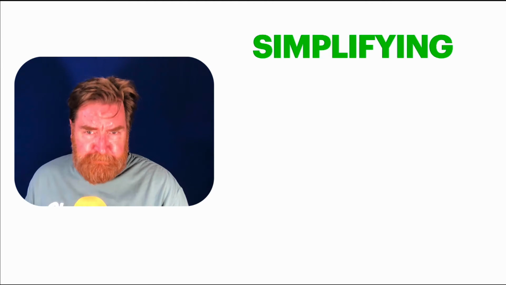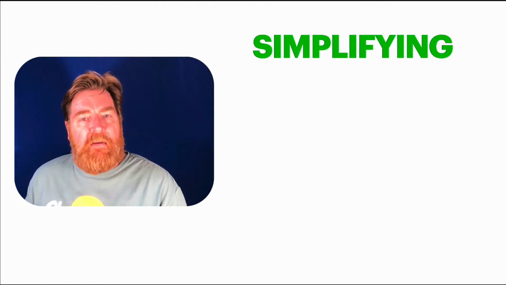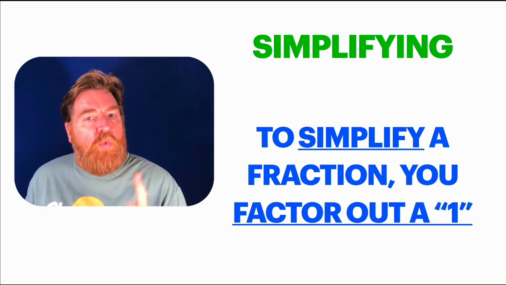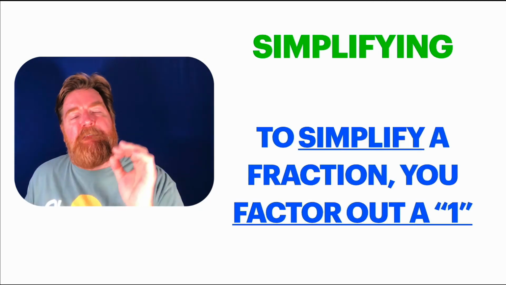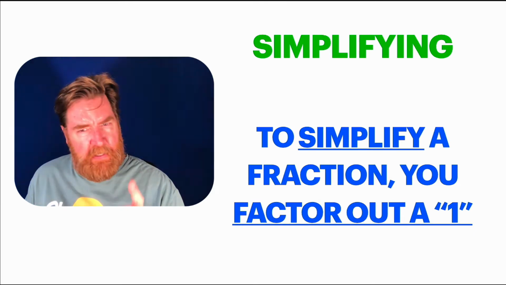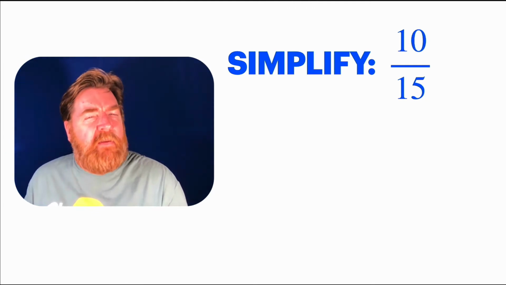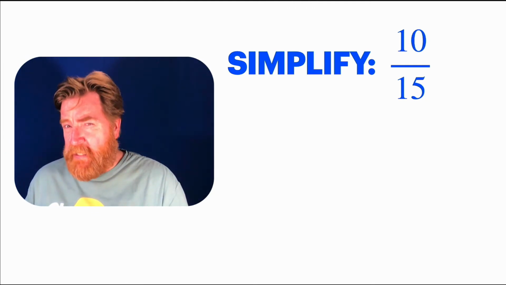Let's talk about simplifying. It turns out all you need to know about simplifying fractions is that the way to simplify a fraction is to factor out the number 1. All right, I'm going to give you an example of what I mean by that. Let's say we're asked to simplify 10/15.